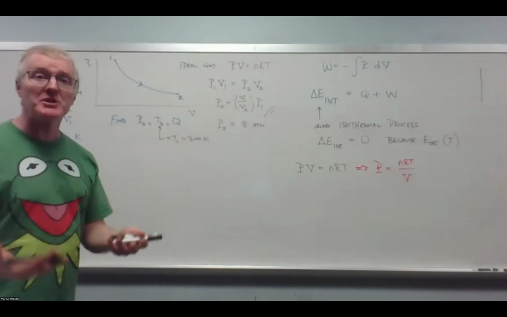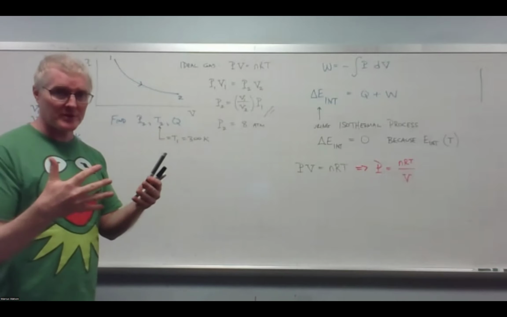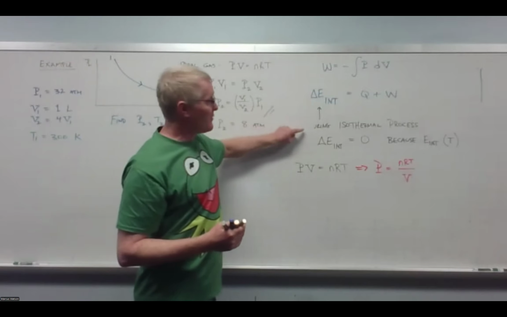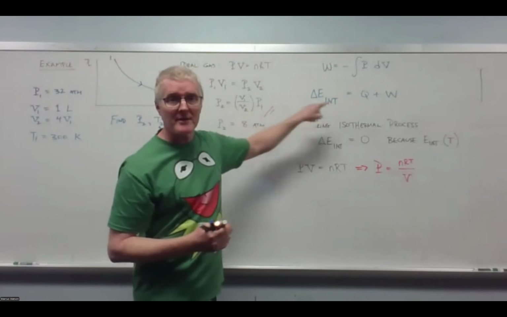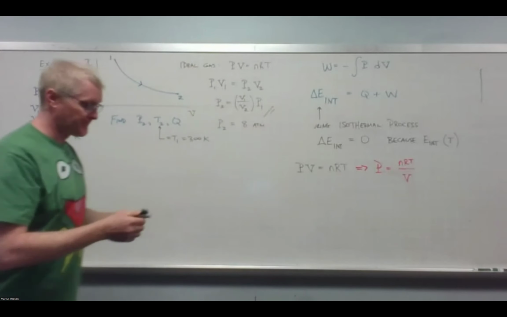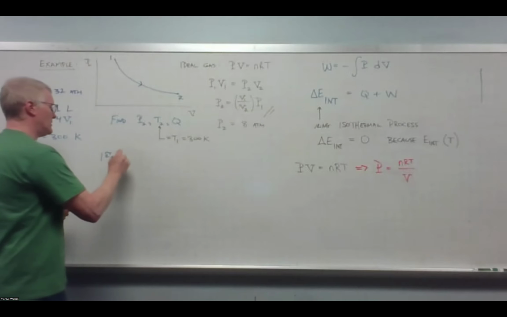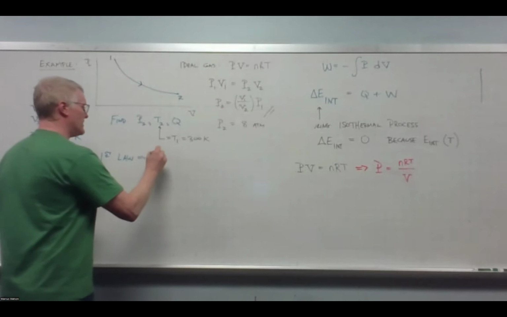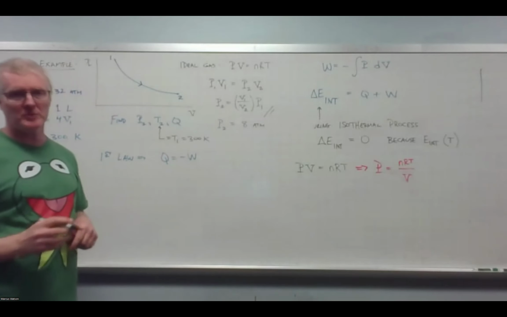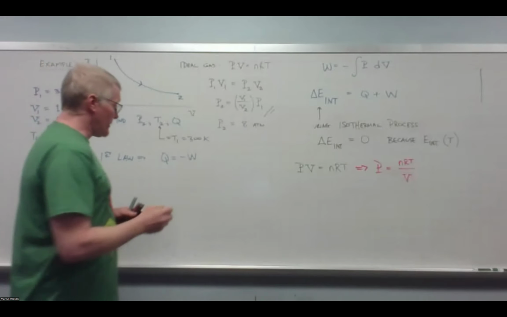And now the question is how much heat was transferred? Well, now you have to use a little bit of first law reasoning. We know that this is an isothermal process, and therefore the Q and the W are balancing each other out because the internal energy change is 0. So my first law would say that if I want to find Q, all I have to do is find the negative of W. Okay, but we know how to find W for an isothermal process.